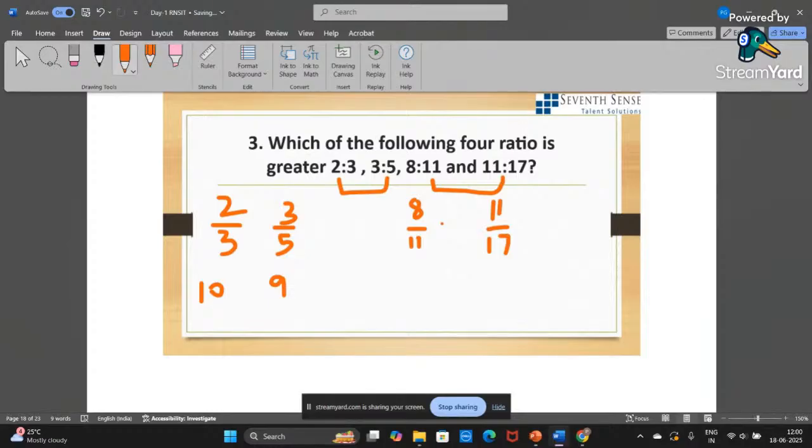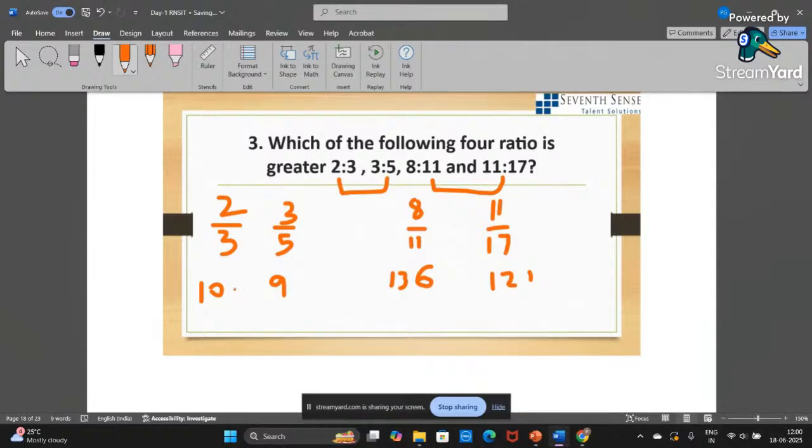So 8 into 17, how much is it? 136, and 11 into 11, it is 121. Right? Now, let us first find the greatest among these four.